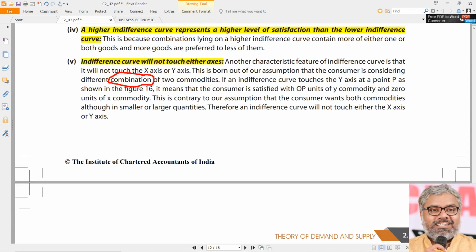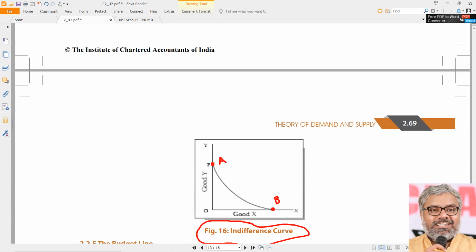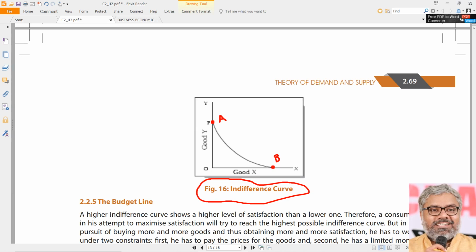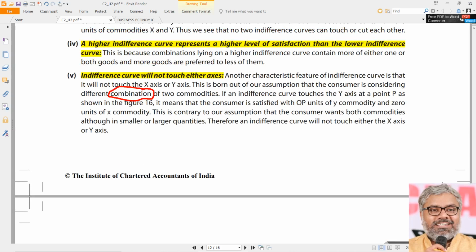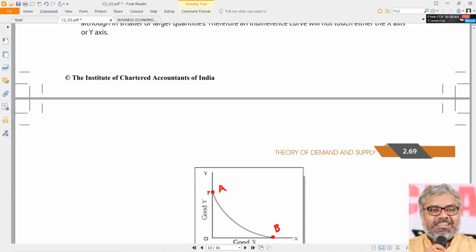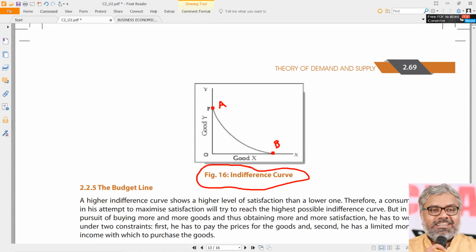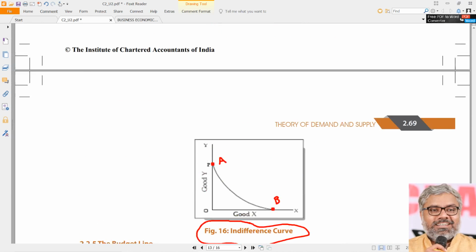Then why will indifference curves not touch either of the axes? Because if any one of the commodities is consumed in zero quantity, it doesn't make sense. Combination means both commodities should be consumed, whatever the number may be, but they should be consumed in some positive number. It cannot be zero. That is why an indifference curve cannot touch either of the axes. These are the various characteristics of indifference curve.